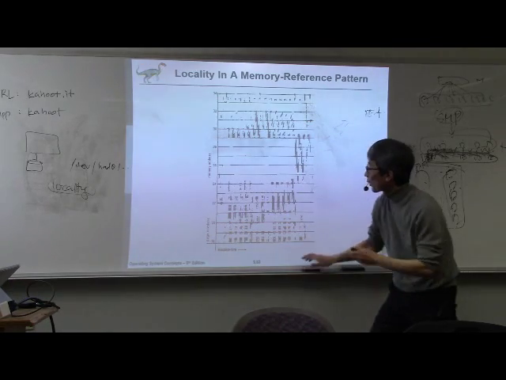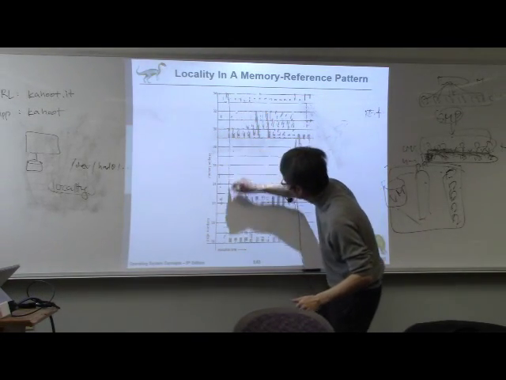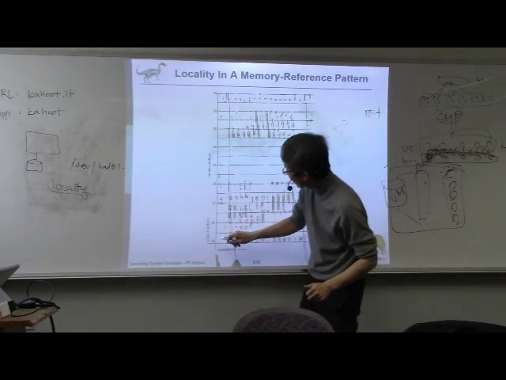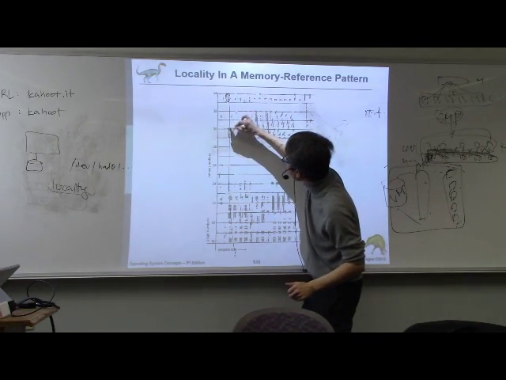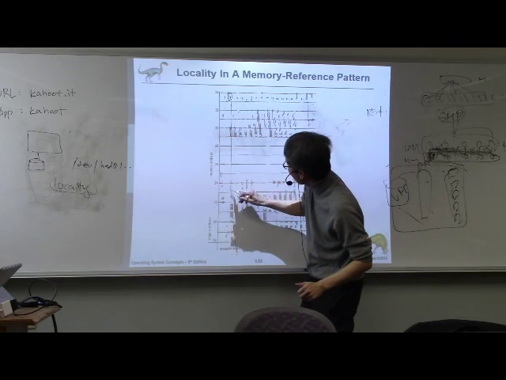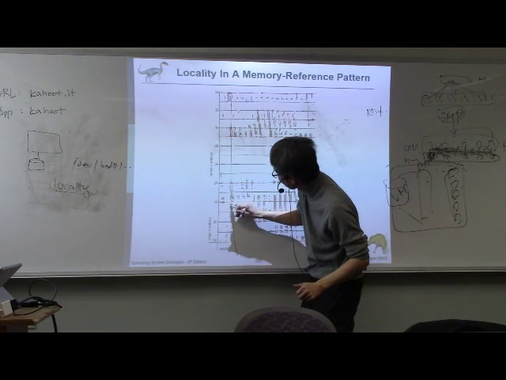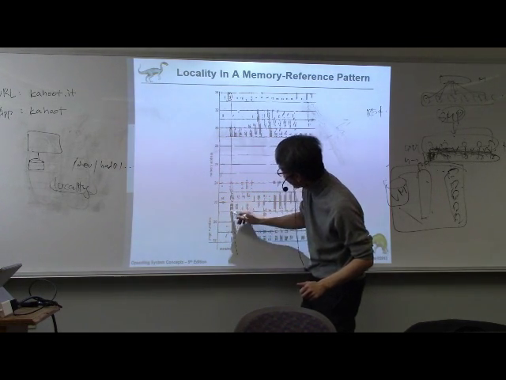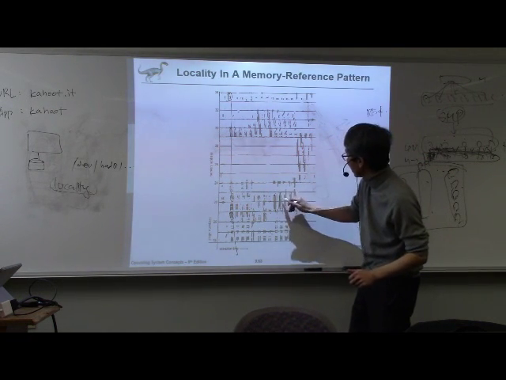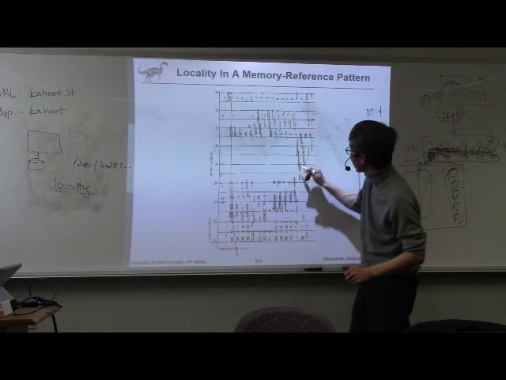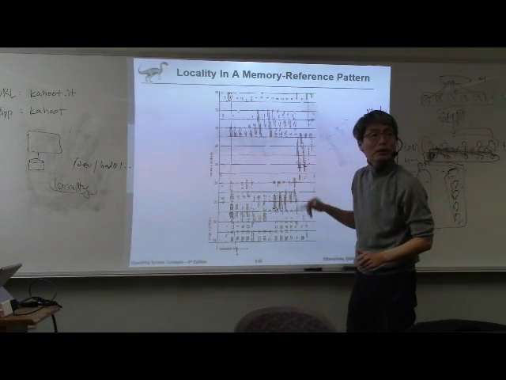This is a certain time, and this is the page number. If they are in the memory, it's shown here. You can see some of them are grouped like this. During this time, it's a group.